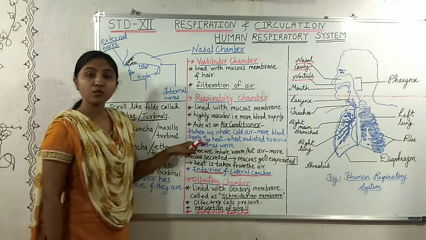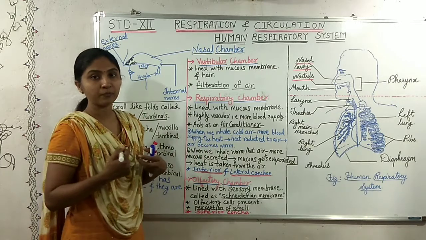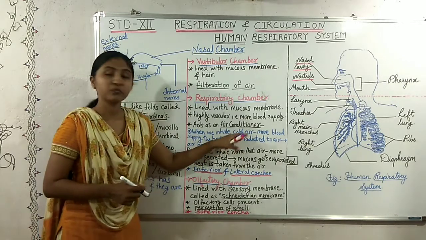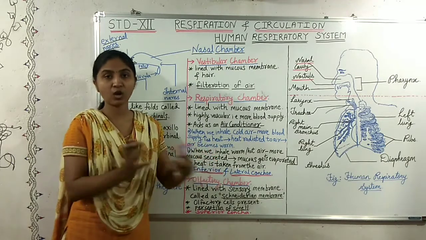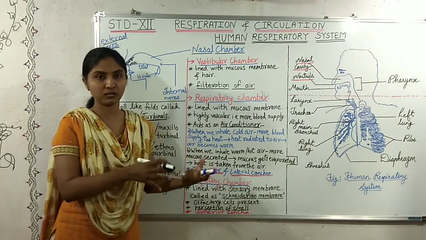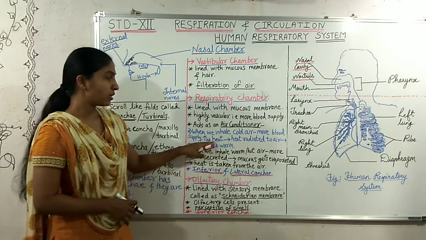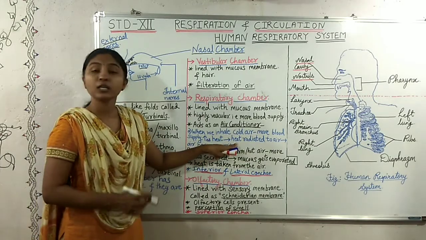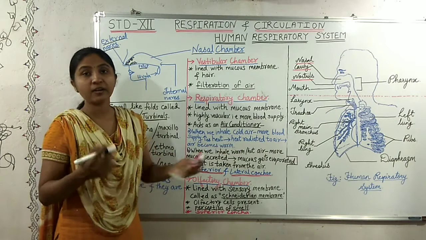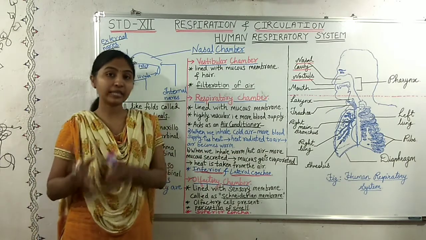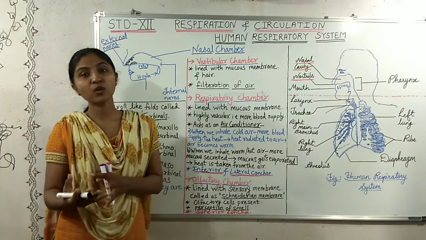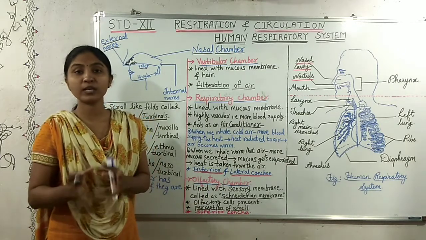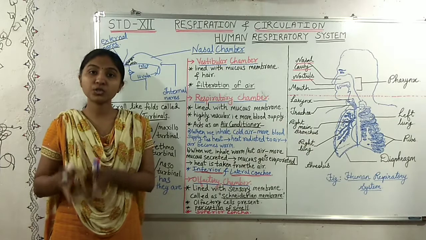First, when we inhale cold air, as we know, the blood also supplies heat along with all the nutrients and the gases. If we inhale extremely cold air and it reaches the lungs, the alveoli present in the lungs will get damaged. So this shouldn't happen.